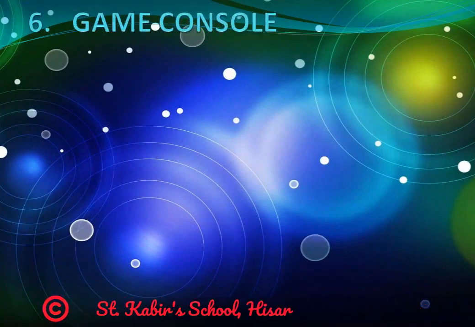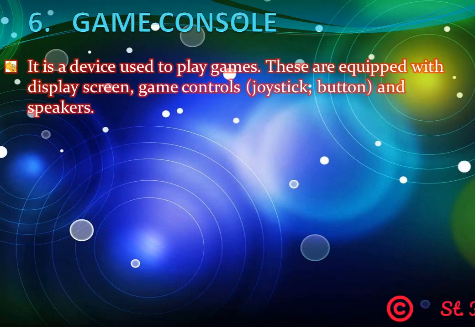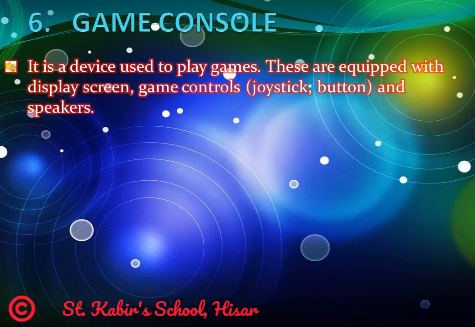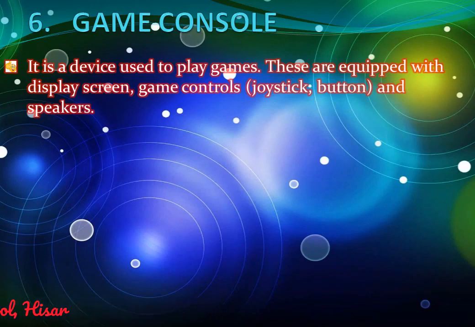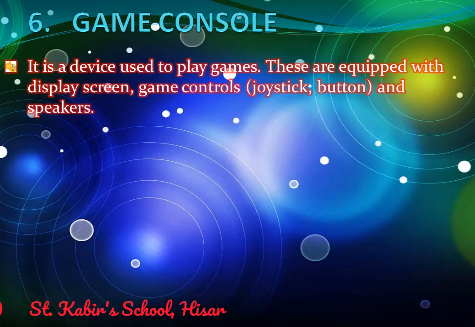Next type of microcomputer is game console. It is a device used to play games. These are equipped with display screen, game controls and speaker. Now it has a display screen so that you can see your games.